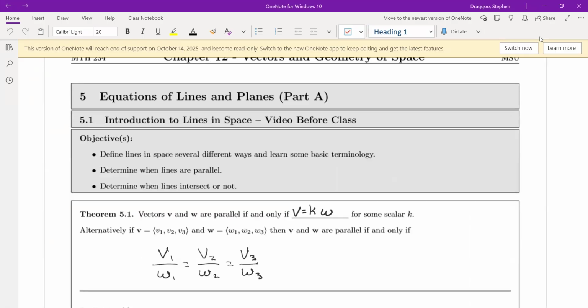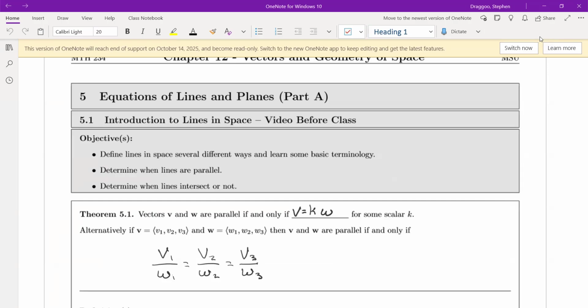Mostly the way that we're going to describe them is using a vector that runs parallel to our line and any point on the line to initiate said line somewhere. Vectors are almost already lines as they are. I mean, technically they're not because they're a directed line segment and not a line itself. But vectors do look an awful lot like lines. They just don't necessarily have a point to start in space, right?